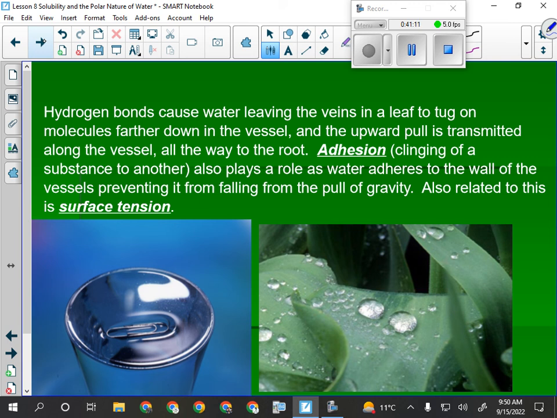The waxy cuticle of a leaf is a polar molecule, so the water will sit there and adhere, not cohere, but adhere to it, and stick until the wind comes or whatever, and then it'll fall to the ground. So we've got adhesion and we've got cohesion.